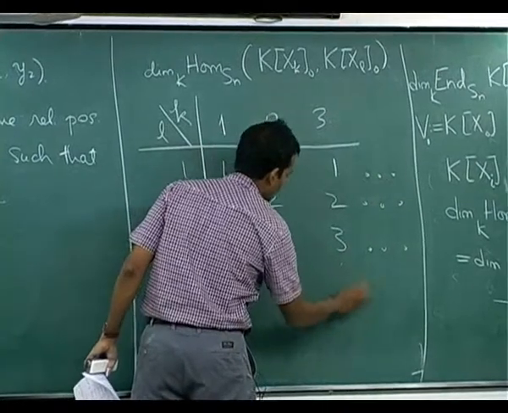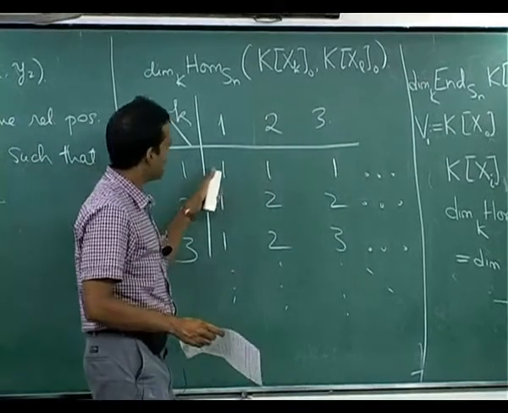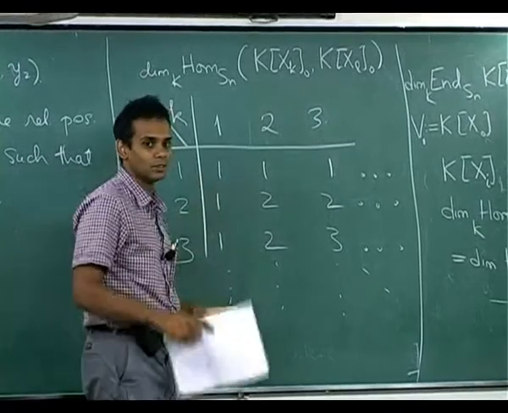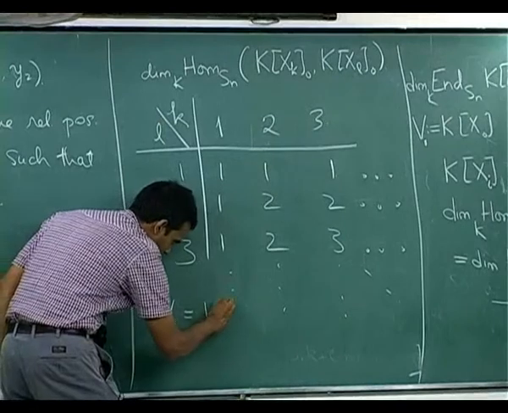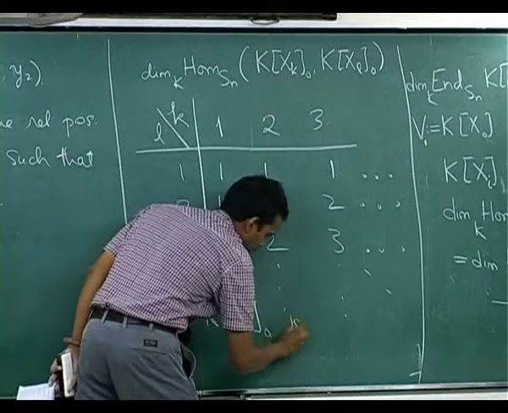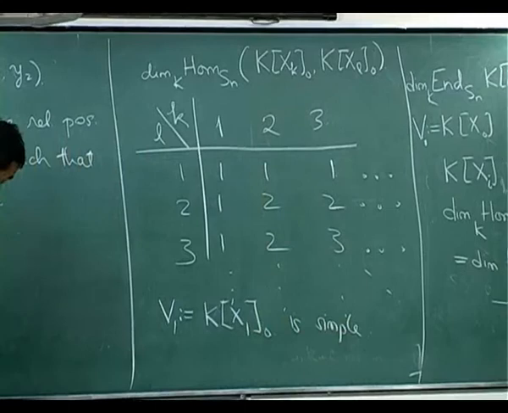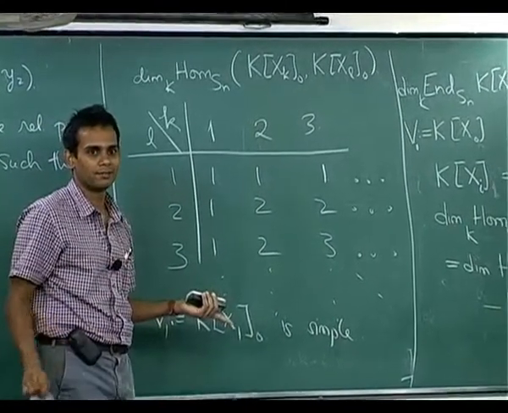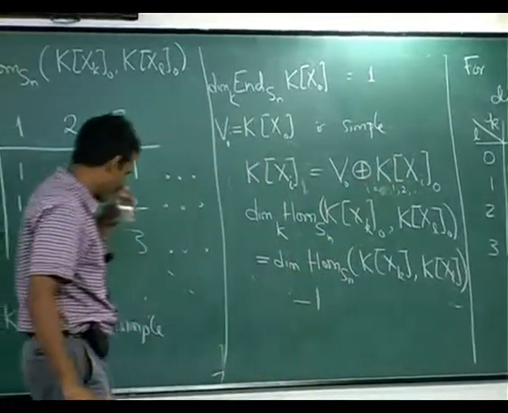So this process has some self-similarity built into it. Now, just as before, I can infer that kx10 is simple, because its endomorphism algebra is one-dimensional. So kx1 is V0 direct sum kx10.